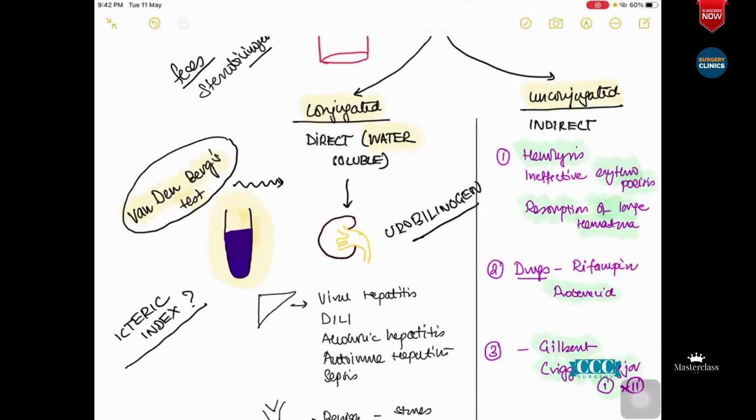Reddish, sir. Okay, it was more or less an orange-like thing, isn't it? So it looked like the urine of obstructive jaundice. Now the main thing is that in one test tube you take the potassium dichromate, and in another test tube you take the serum of the patient, and you compare both of them and do some calculations.